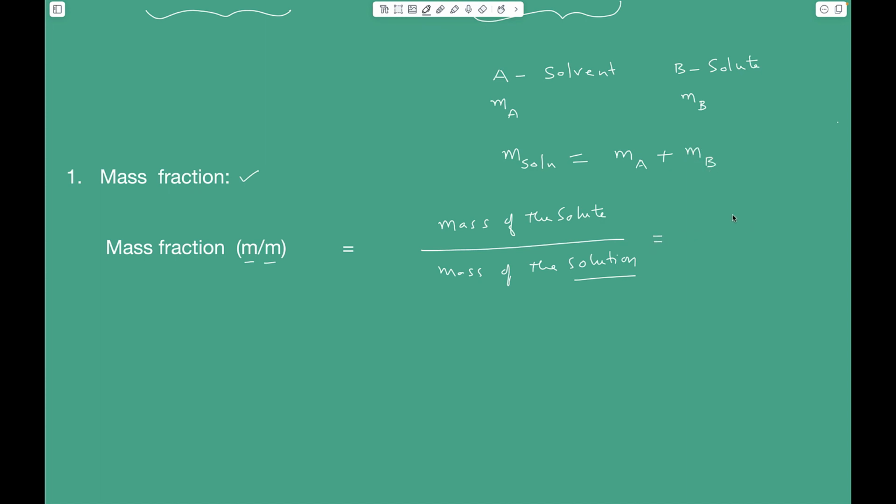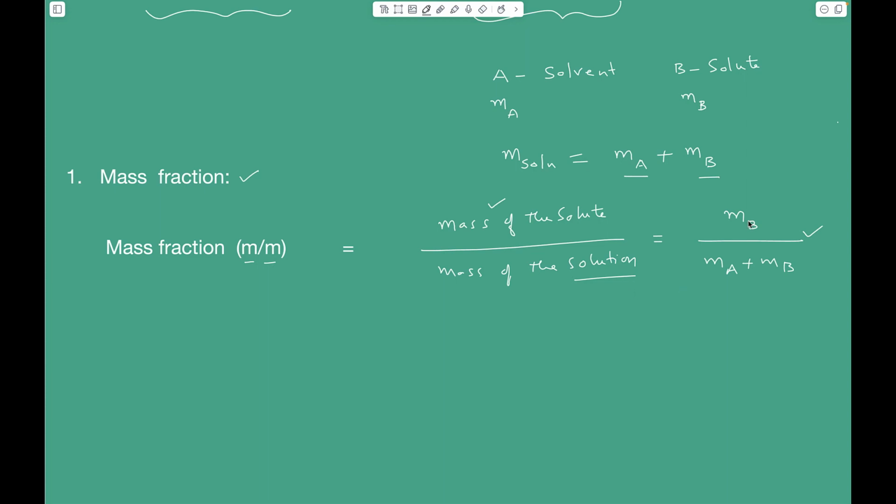So this will be equal to the mass of the solute, MB, and I can replace the mass of the solution with MA plus MB. So this is the mass fraction of a solution, the ratio between the mass of the solute and the mass of the solution.